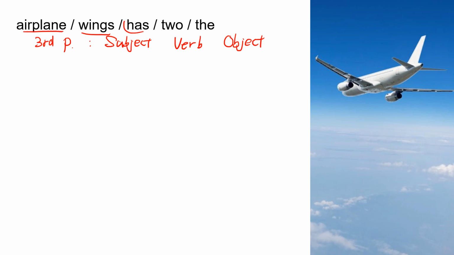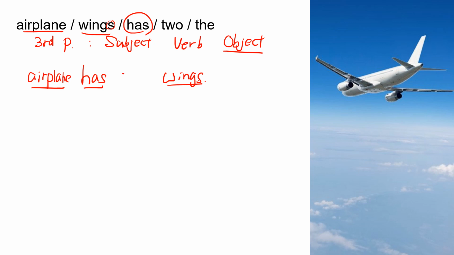But the verb is has, which is third person singular, and wings is plural, so you cannot do that. So airplane has what? Subject, verb, and we need an object. So wings. Airplane has wings. This is subject, verb, object.